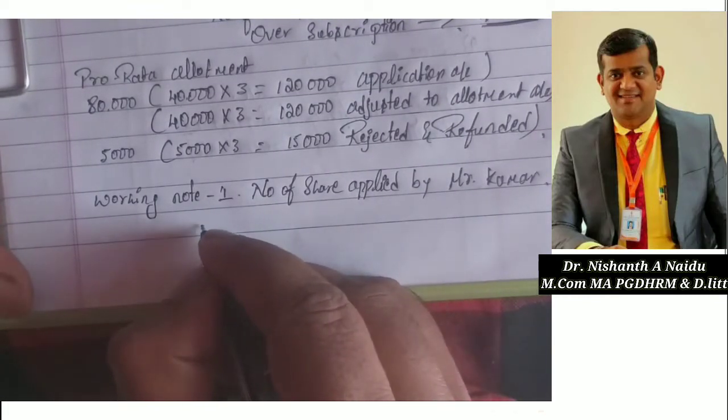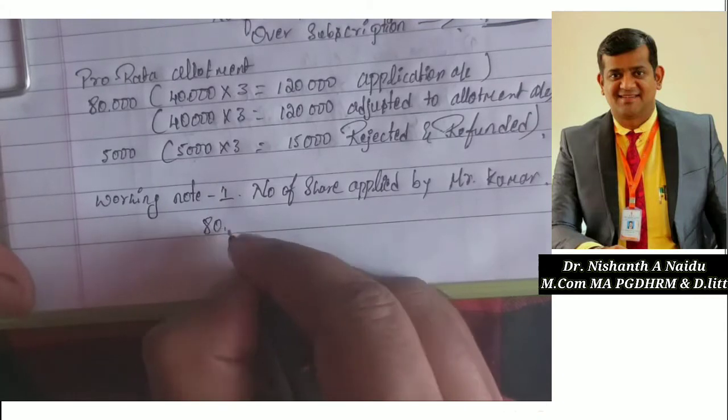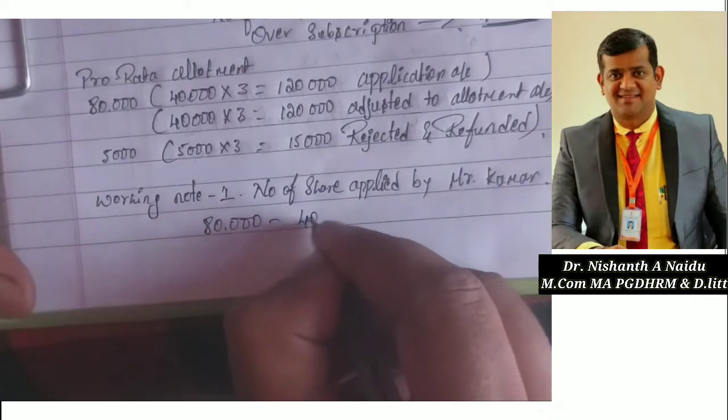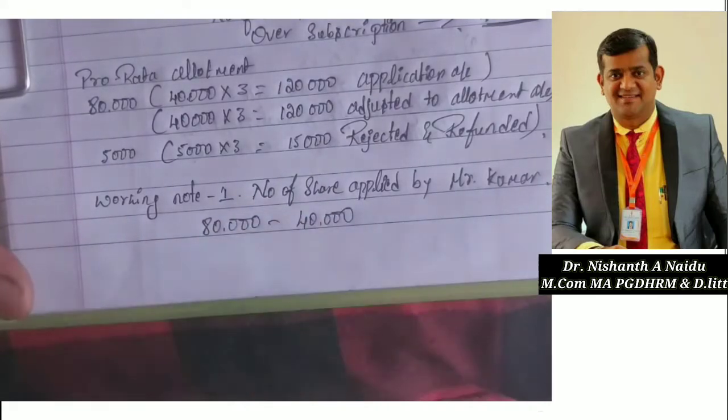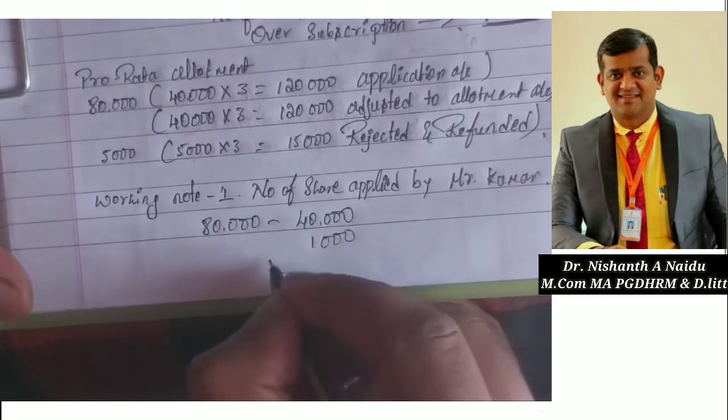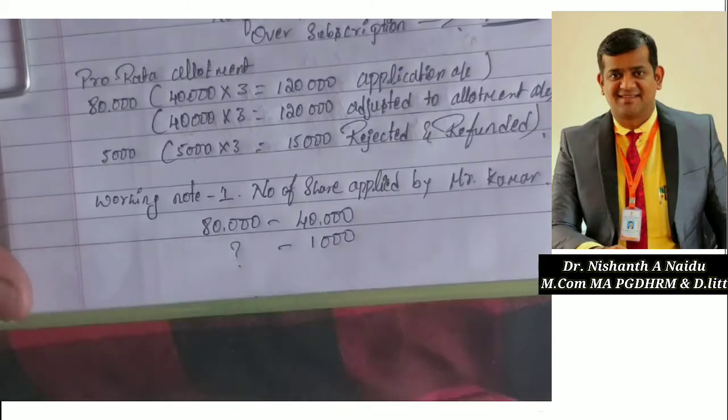See, 80,000 shares we are allotting on a pro rata basis, where the company has offered only 40,000 shares. Now we have allotted to Mr. Kumar only 1000 shares. So how much did he apply?